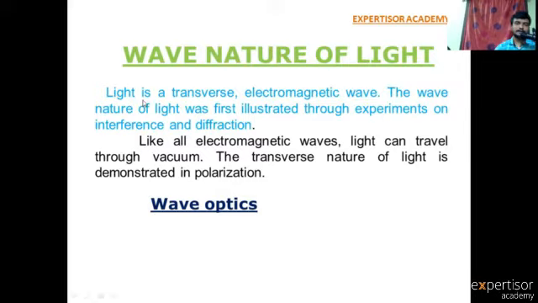Light is a transverse electromagnetic wave. So transverse, what is it? If the light rays are traveling in one medium, the direction of the particles of that medium is perpendicular to the direction of the wave.